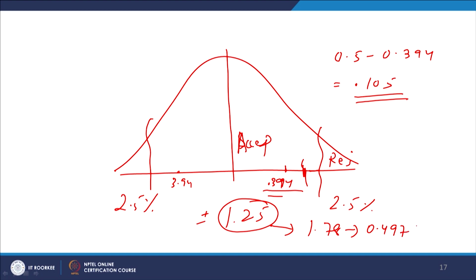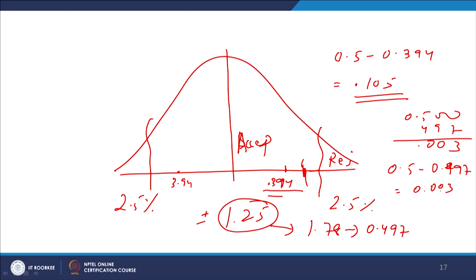0.497, right. In this case, if I subtract 0.5 minus 0.497, this gives me 0.003.